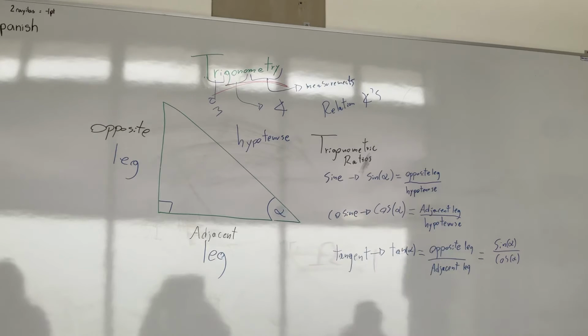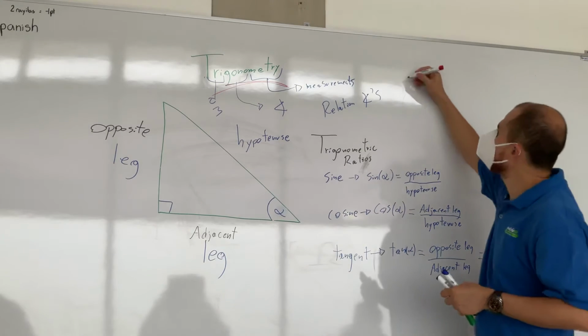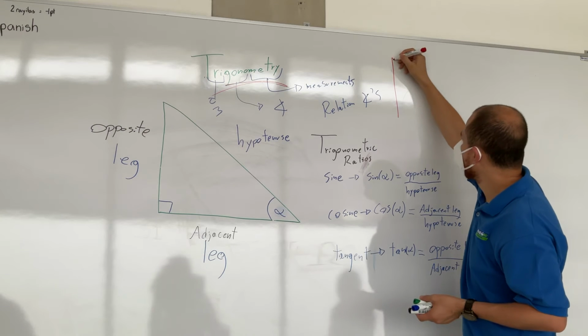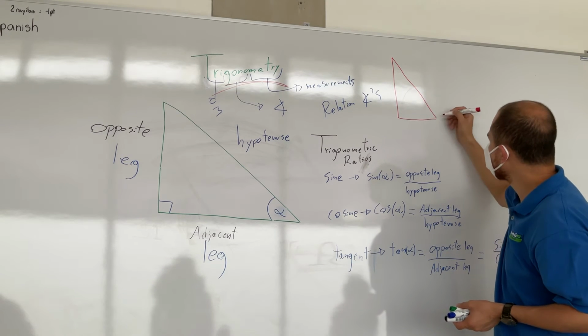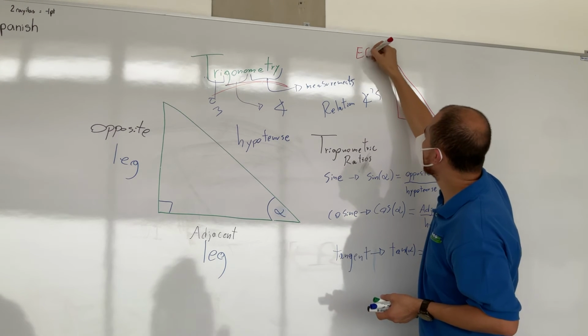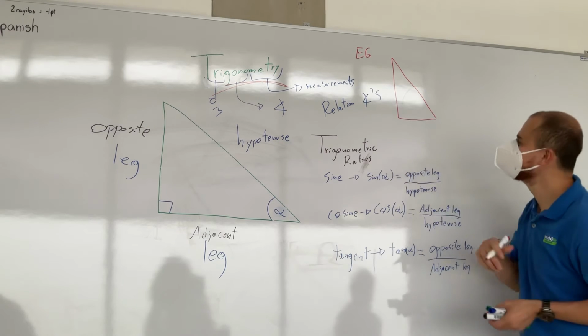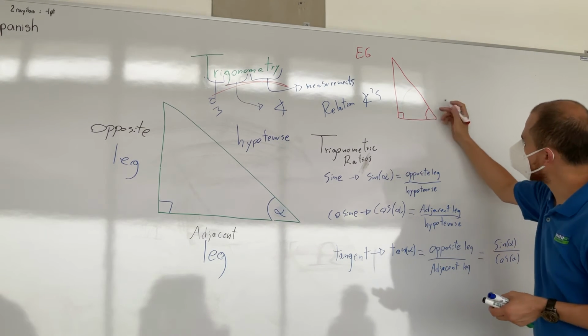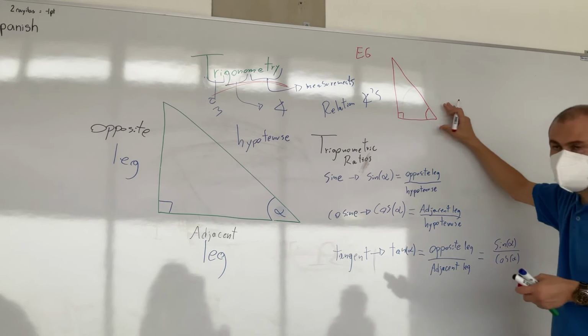And briefly, let's do an example. Let's imagine I'm going to work with this triangle. I'm going to work with the same position for my example.